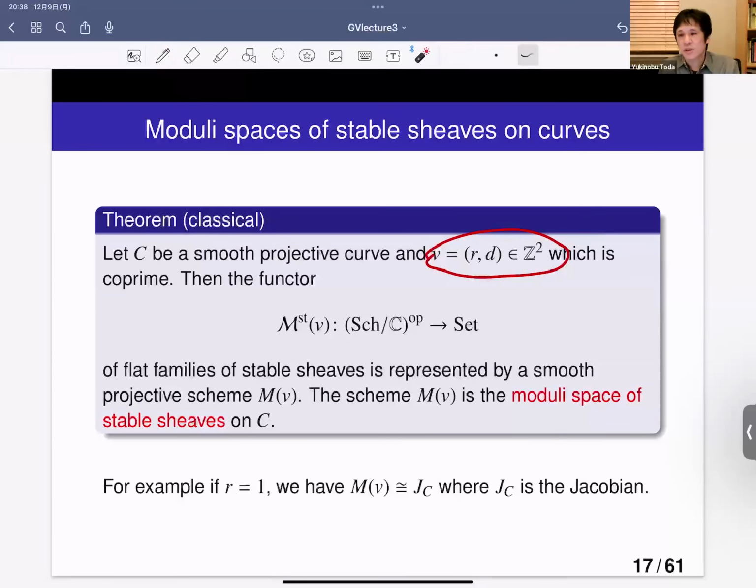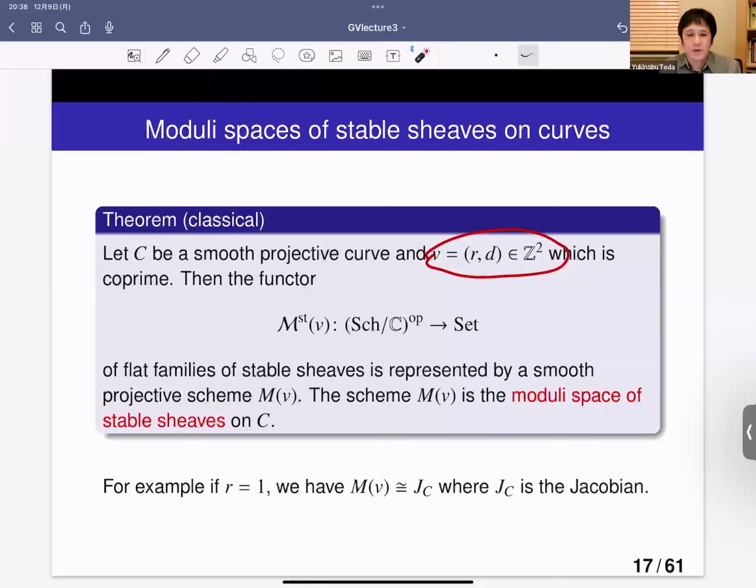This is because if the sheaf is semi-stable but not stable, then the rank and degree are not coprime. So then in this case, the functor which sends each scheme S to the family of stable sheaves, again taken up to some equivalence classes, is represented by a smooth projective scheme. In fact, this is a smooth projective variety.